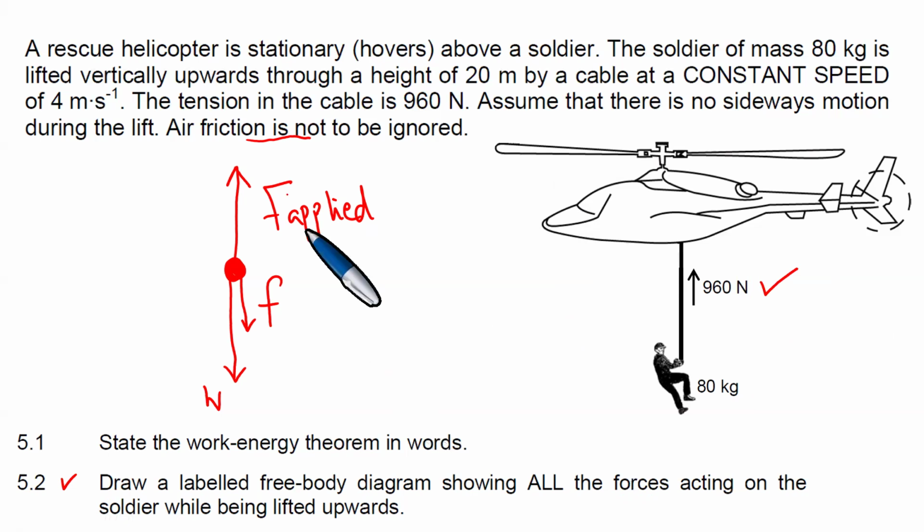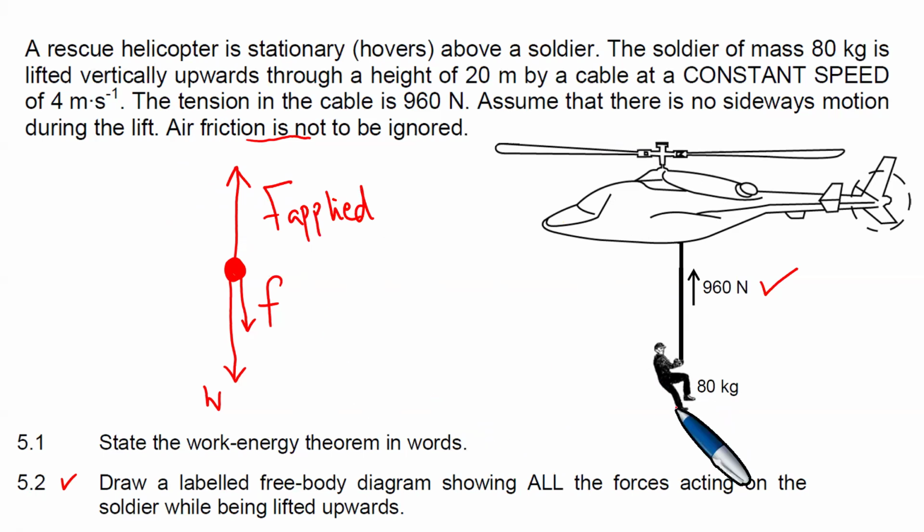And it is stated here the tension in the cable is 960 newtons, which is the tension in the cable by which this rescue helicopter is able to keep this man suspended. And we assume that there is no sideways motion during the lift, so air friction is not to be ignored.